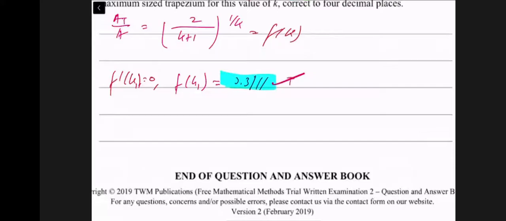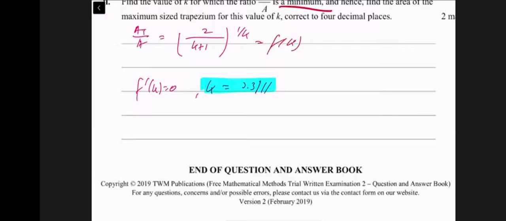Oh no, sorry, wrong value. I didn't write what the k value is. Oh wait, no, my bad, this is the k value. When you solve f'(k) = 0, k is this. So you have a k value here, the other function requires a k value, and that gives a max. So you can safely assume that subbing this in is going to give you your maximum area, which it does.